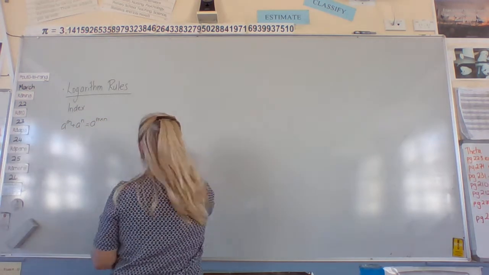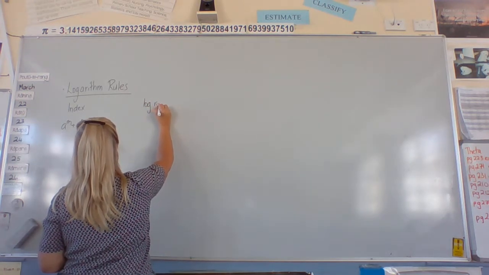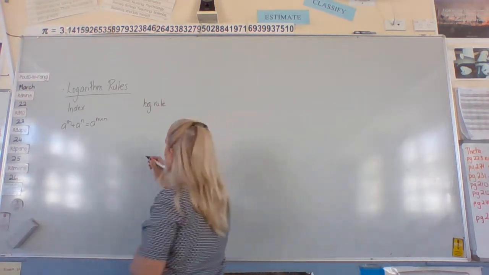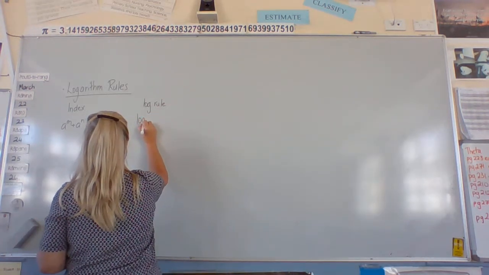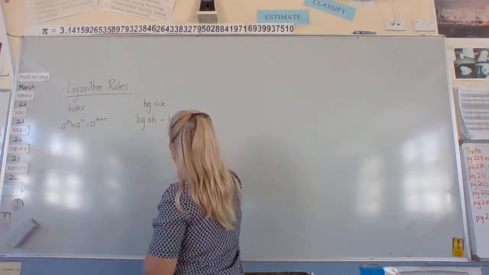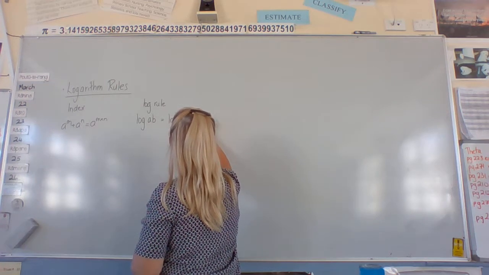And we have a log rule. Our log rule says that if we've got log of AB, it equals log of A plus log of B.